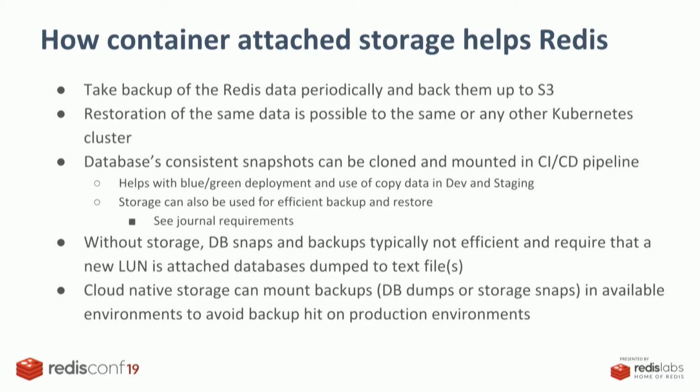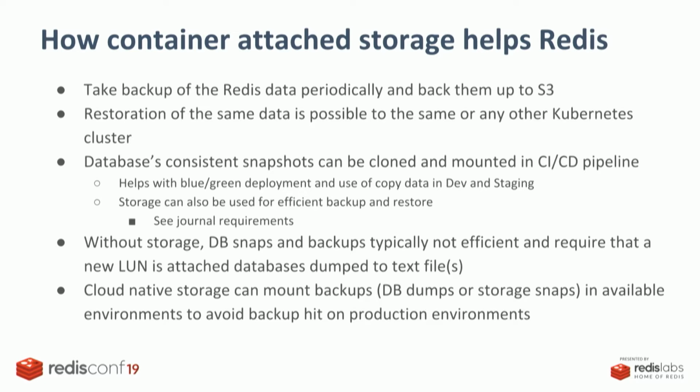Database-consistent snapshots can be cloned and mounted in a CI/CD pipeline. We see that a lot in production. So you run into an issue, you take a snapshot of your complete application, not just the storage.